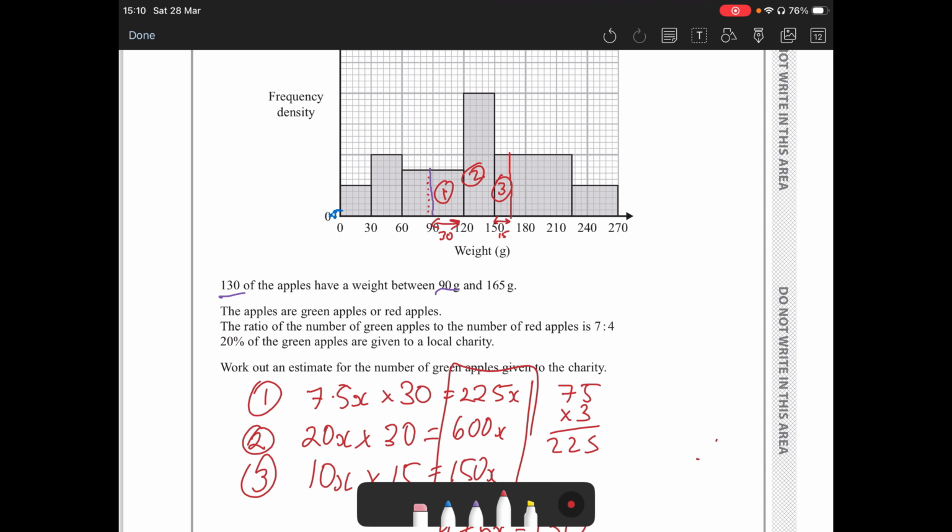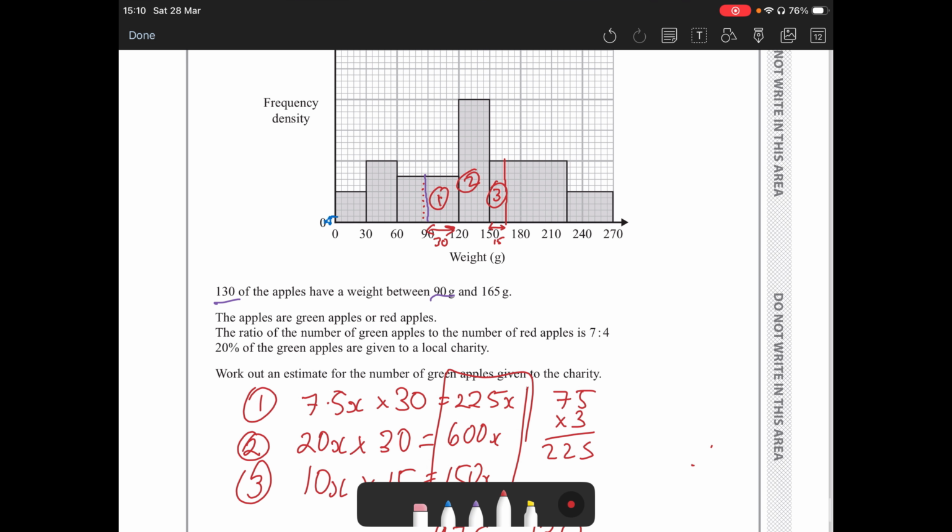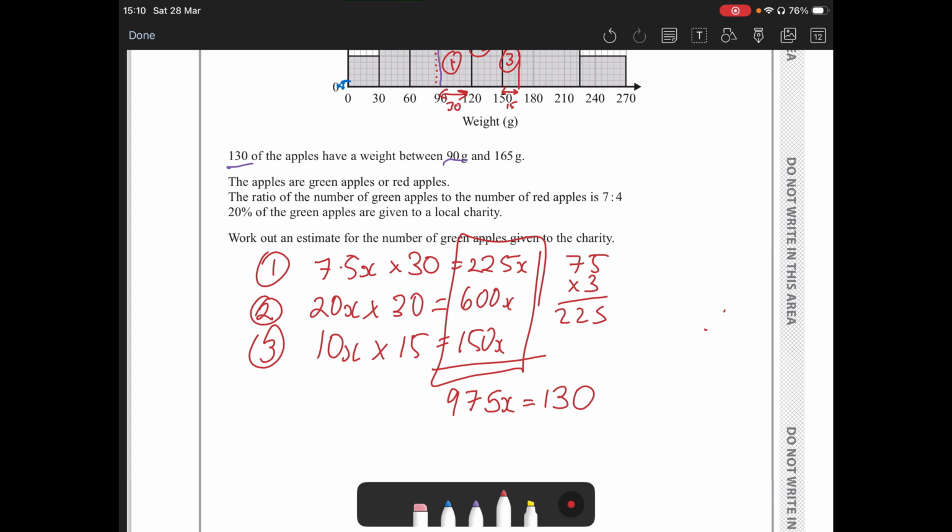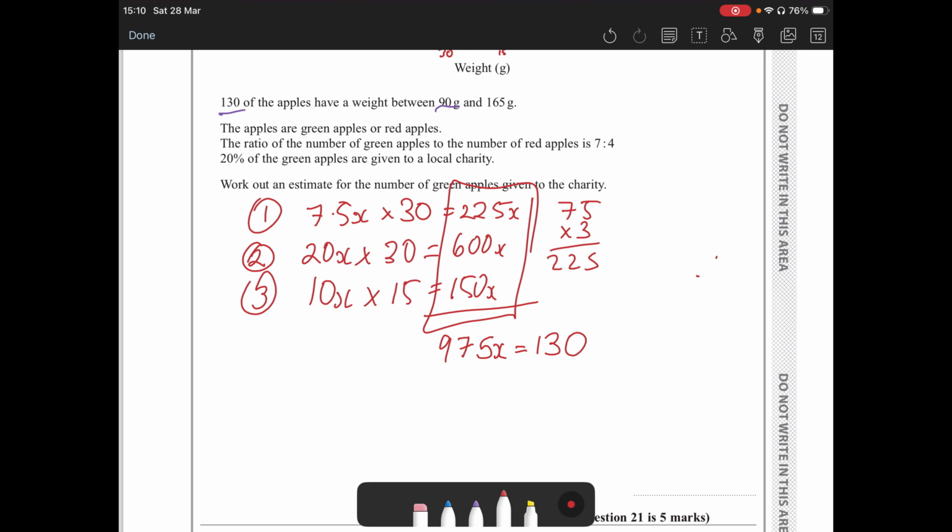Stumbled on the last one, eh? So 165. I've definitely drawn these three areas. Have I made any mistakes? It just feels like this should not be this difficult. But again, it is the last question on the paper, so maybe it is.